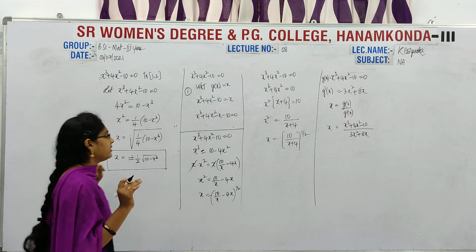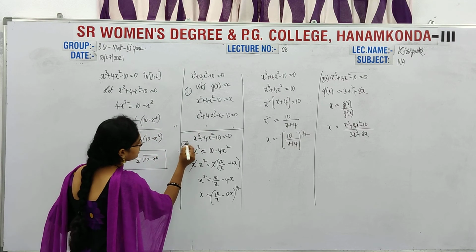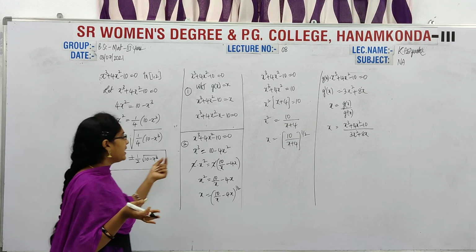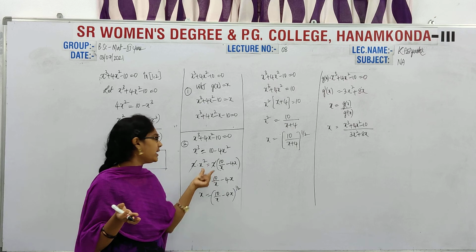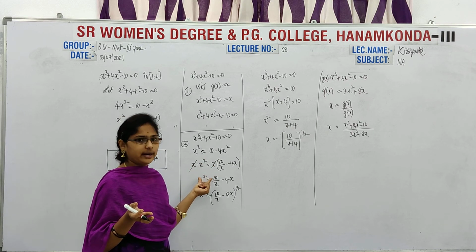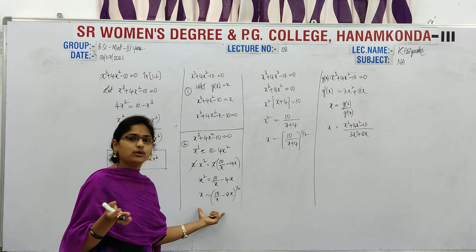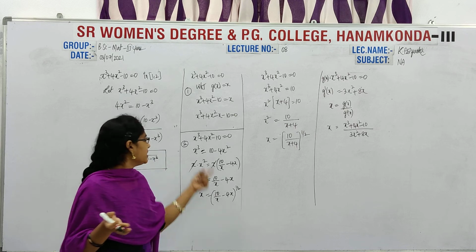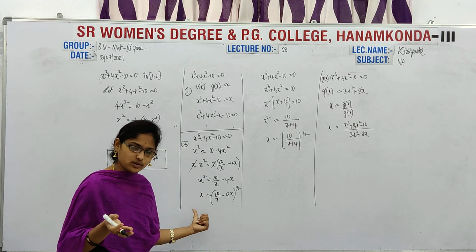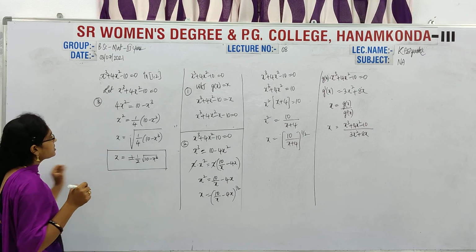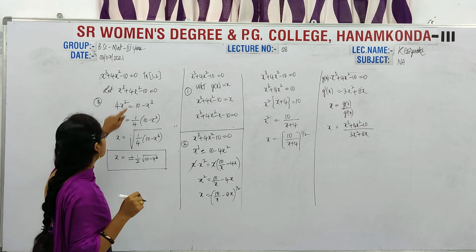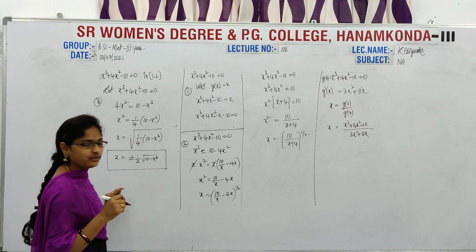Next, coming to the second one, here I took the same thing, right? And from this I just took x cube on one side and the remaining values to the other side, and I took x common and cancelled. From this again I calculated the x value. This way is correct, this way is also correct. Next, coming to here, I took the 4x square, I mean x square, and from this second term I calculated the value of x.